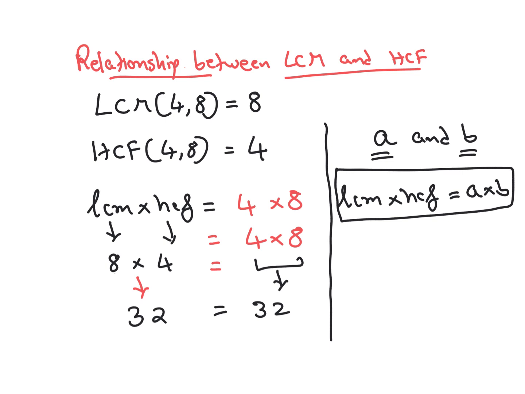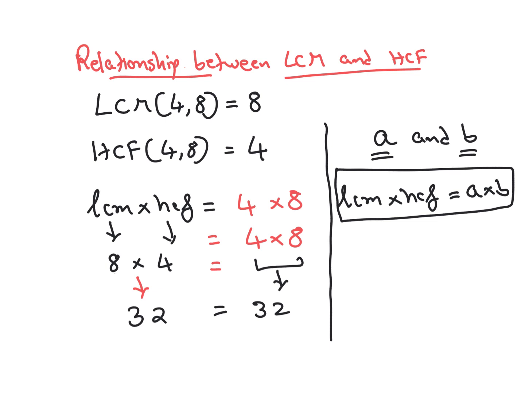So once you have this rule at hand, you can easily find out the LCM if you know the HCF and the two numbers. You can find out HCF if you know the LCM and two numbers. You can find out one number if you know the HCF and LCM and another number.